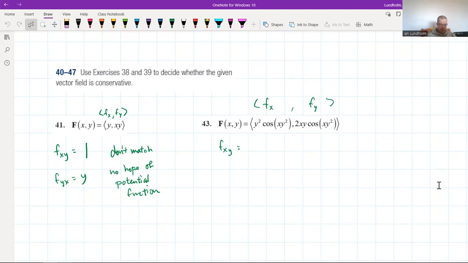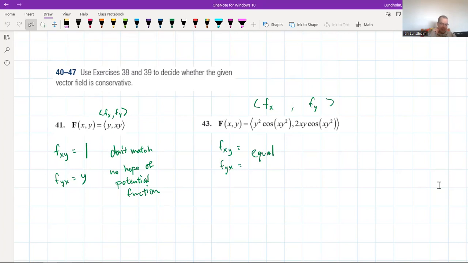Well, actually, wait, no. It's not a product rule. Yes, it is, because we're taking partial derivative with respect to y. You know what? This is an exercise for you. You could take those partial derivatives and show that they're equal. I don't want to do that.